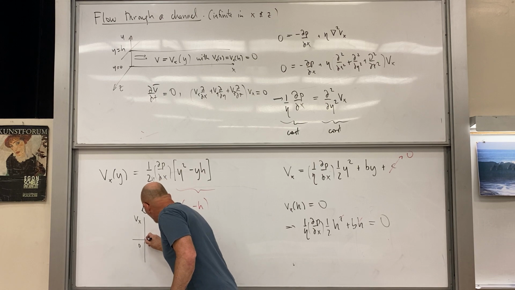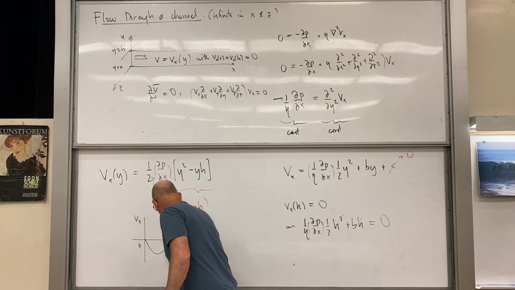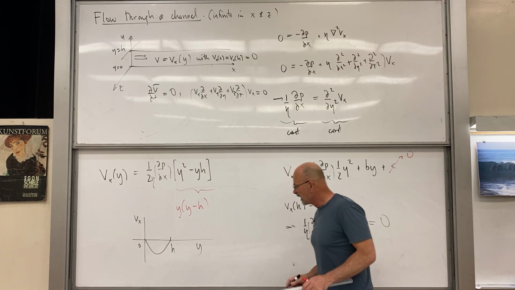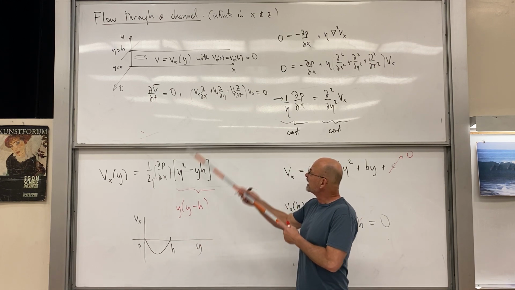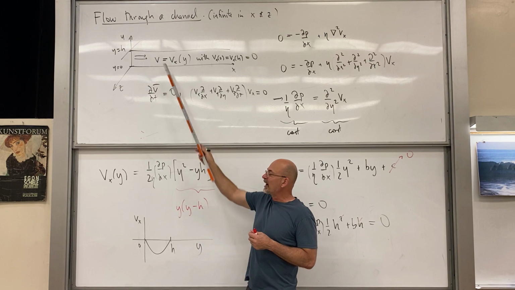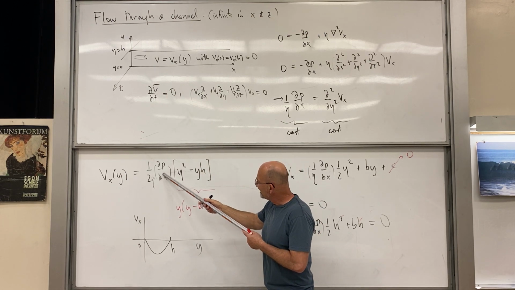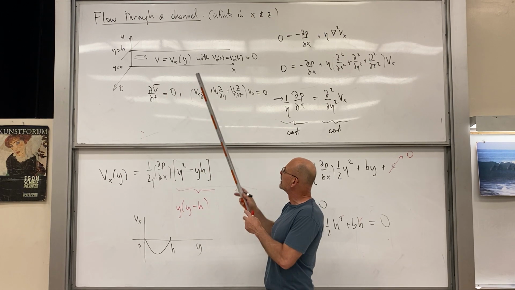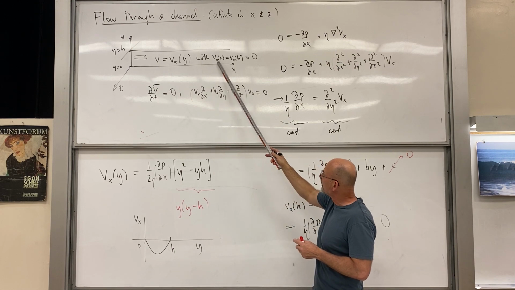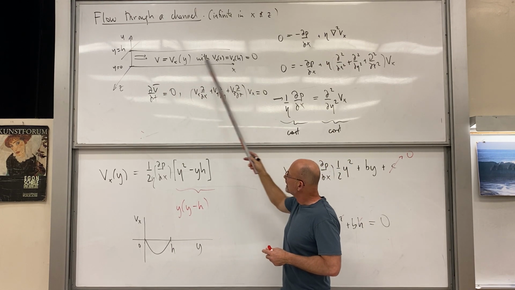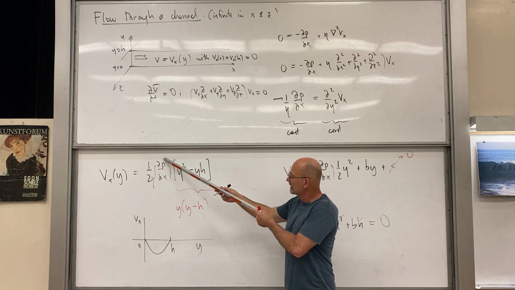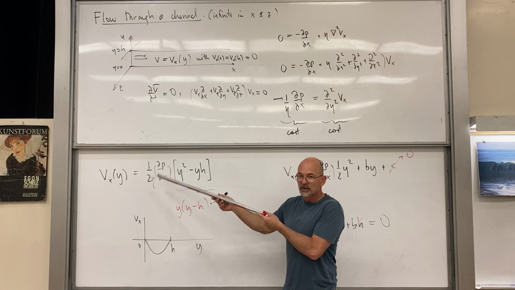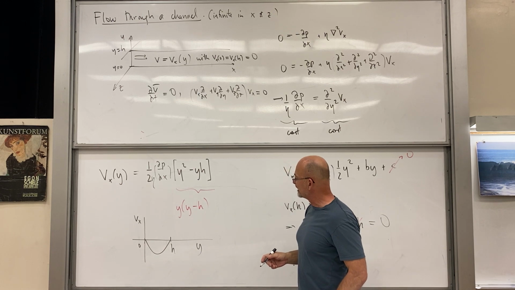And this is a parabolic flow. Why is it negative? It's negative even though I drew my arrows to the right, because if my gradient of pressure is positive, then the pressure is greater on the right side than it is on the left side, and the flow is being driven to the left. So that's just a question of the direction of the gradient.